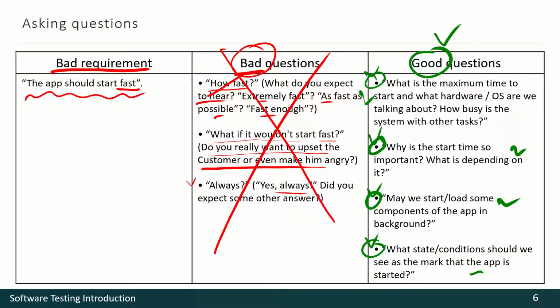So, asking questions is a very important skill for software testing specialists. If you have the skill, good for you. If for some reason you do not have such skill for now, it's not so good. So, ask questions. Learn how to ask questions. Learn how to ask good questions. That will improve your professionalism very much.